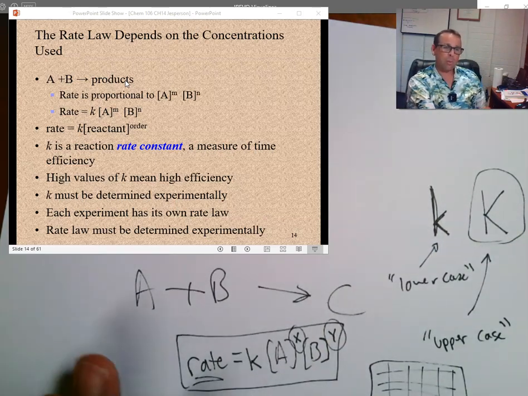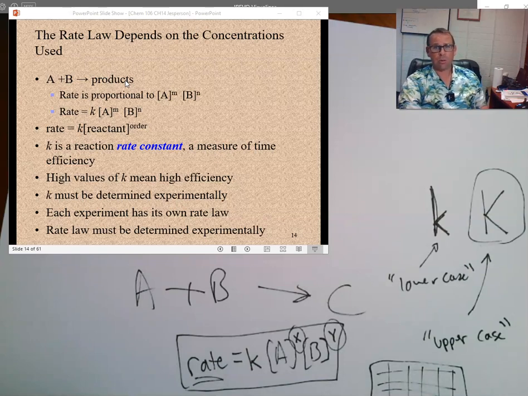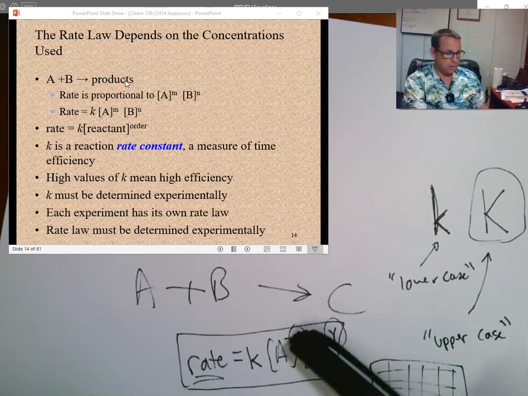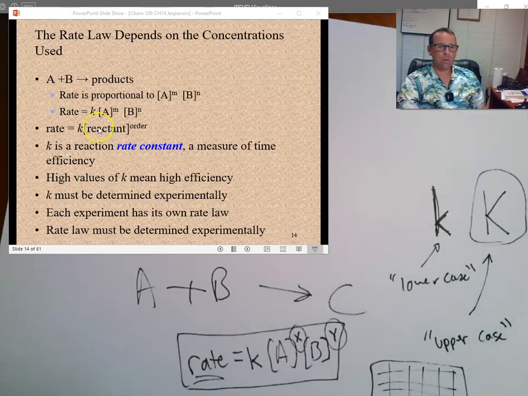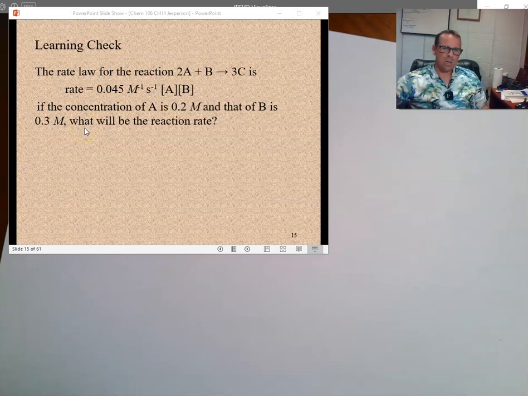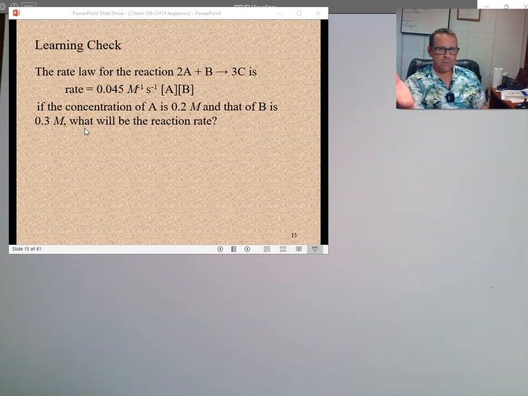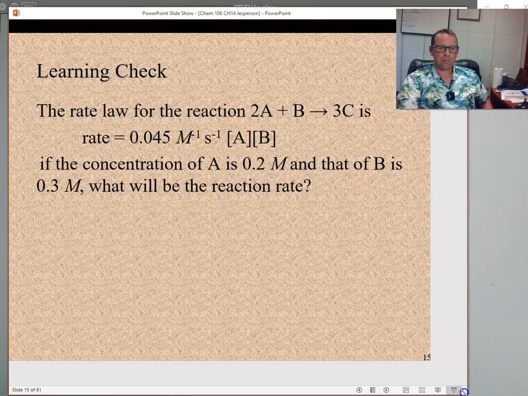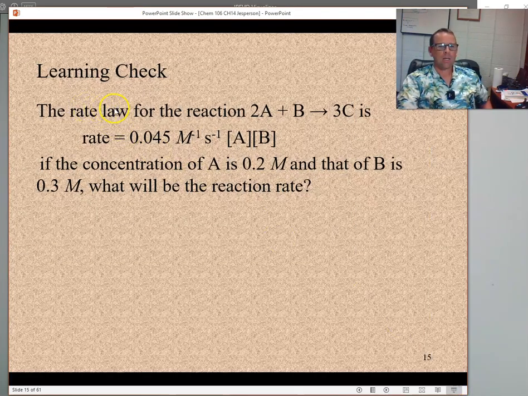Those powers are what we call the rate order, the order of the reaction. We'll talk more about that, but just so we can reference it for now, it's called the order of a reaction. So, what this does for us is, like in this question, here's a chemical reaction, here's its rate law.